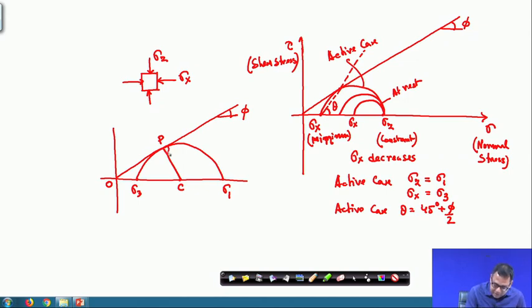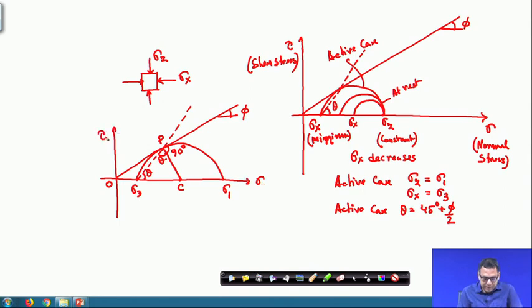So, this angle is 90 degree. Similarly, this is theta and this angle is also theta. This theta value is 45 degree plus phi by 2, which I have already proved.